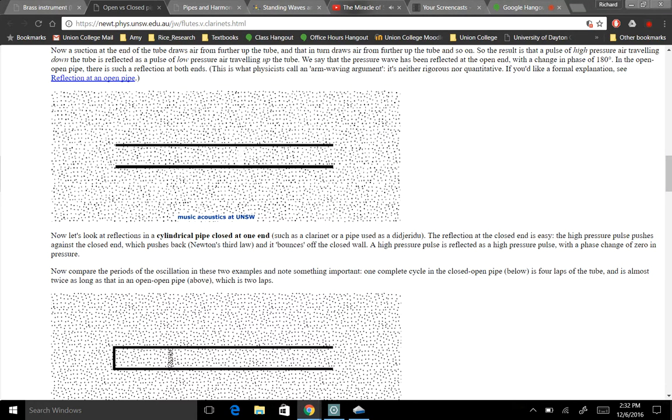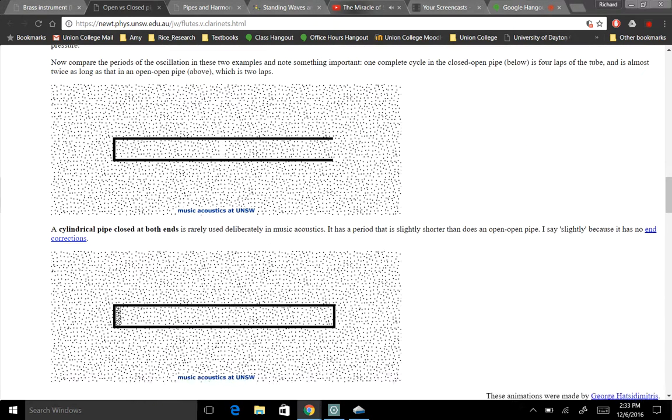When it's dark, going to the right here, that is a pressure wave that's more compressed. When it's lighter, you can see there's a light thing going back. That's a rarefaction returning. And you can see the reflection going back and forth from the open ends. That's what's happening in the flute. The clarinet is behaving like this picture that's now in the top part of the page, where it comes and reflects off the back.